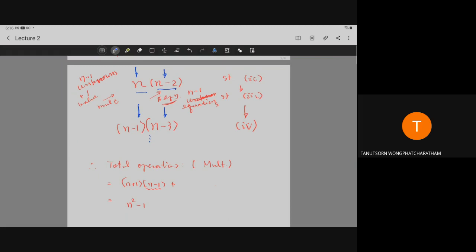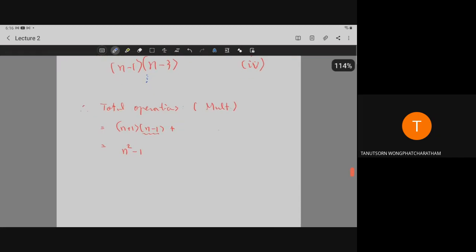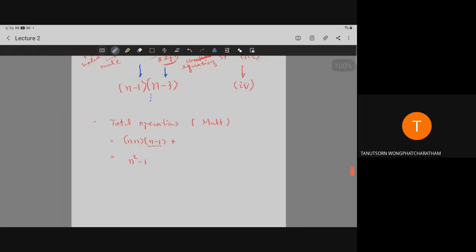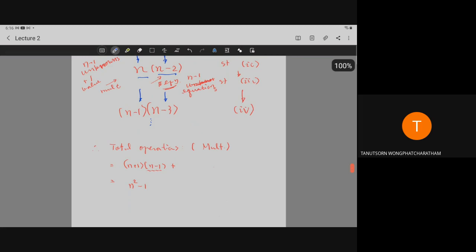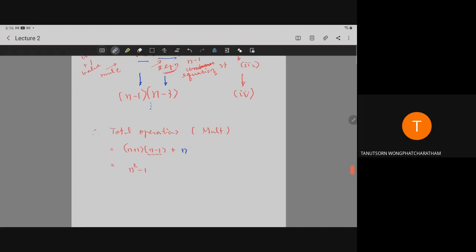So we can write it like this. In this case, we can write it as n plus 1 multiplied with n minus 1. And then the next step is n multiplied with n minus 2, plus n minus 1 times n minus 3.